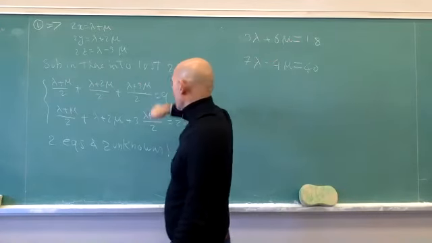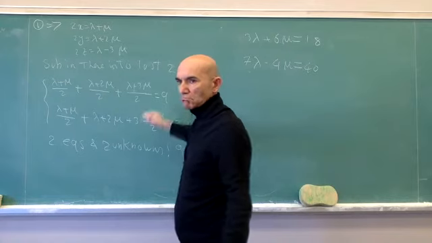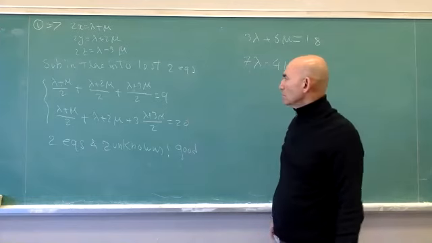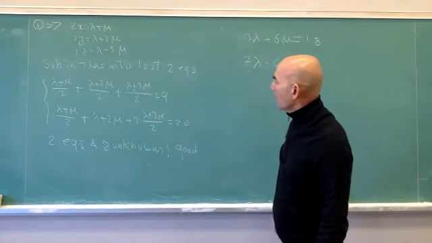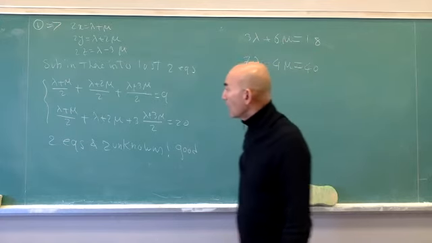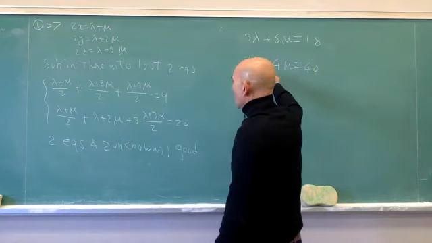And what about this one? Does it change? The second one does not change. I think it does, because you changed it to plus 3 mu at the end in the second equation, the last term.